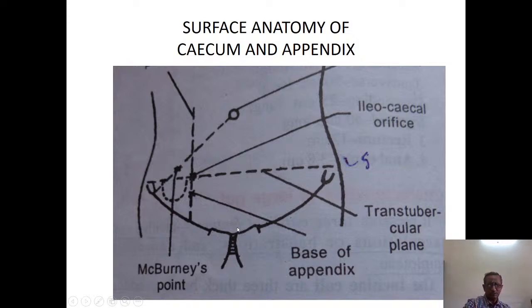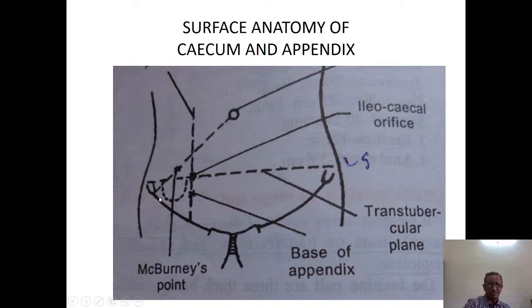Here we are also showing the base of the appendix and the ileocecal orifice. In the transtubercular plane we see the ileocecal orifice at the junction of the right lateral plane and the transtubercular plane, whereas 2 centimeters below that, in the right lateral plane, we see the base of the appendix.